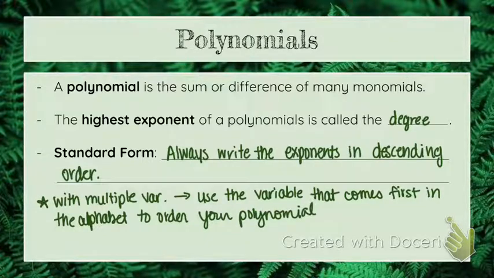So if you have A's and B's in your polynomial, you use the A's to choose the order. And we're going to do an example of that, so don't get too confused. But then the other rule is that the constant, the number that has no variables, is always last.